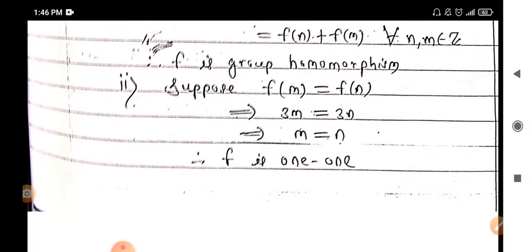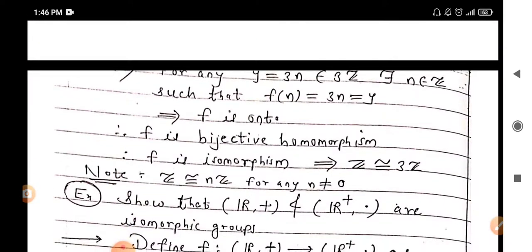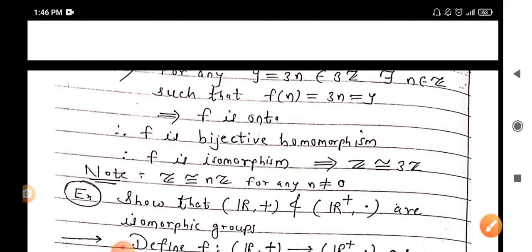Suppose f(n) = f(m), therefore 3n = 3m, hence f is 1-1. Now for any y = 3n belonging to 3Z, there exists n belonging to Z such that f(n) = y, therefore f is onto, hence Z is isomorphic to 3Z. In the same way we prove that Z is isomorphic to 4Z, 5Z and so on. That is, we prove that Z is isomorphic to nZ for a non-zero n.